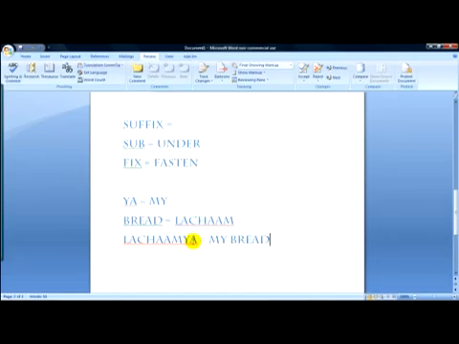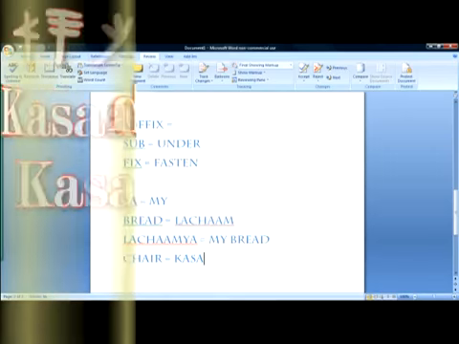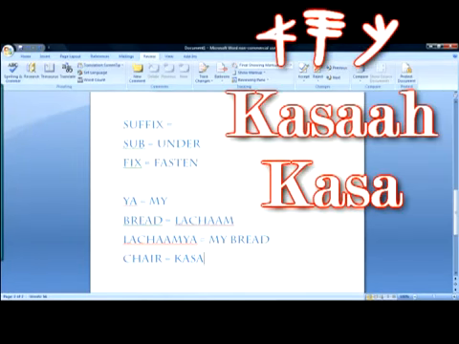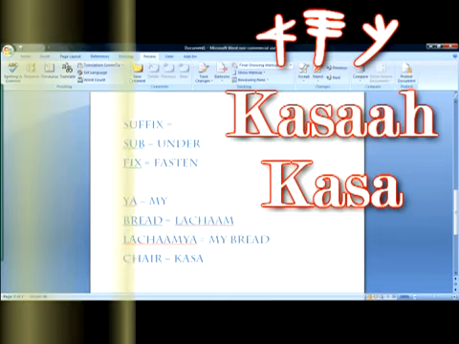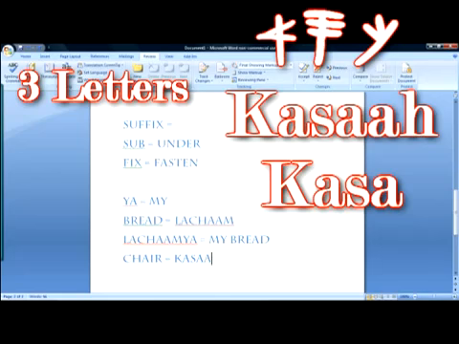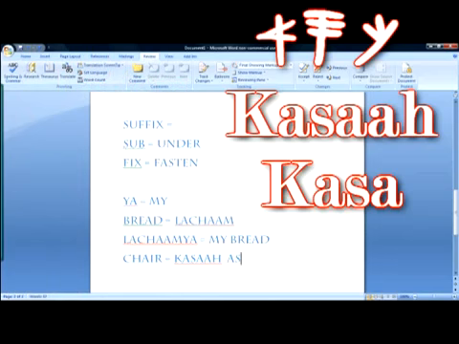I'll give you another example. The word for chair is kasa, but there's three words with this. There's three actual Hebrew words that you put together that make it this word.